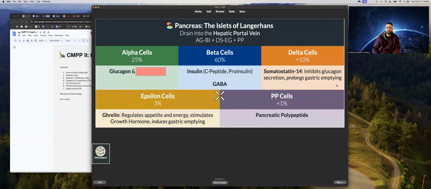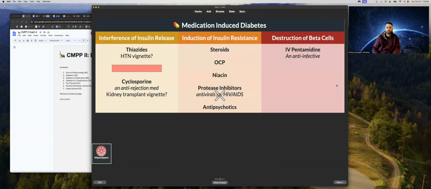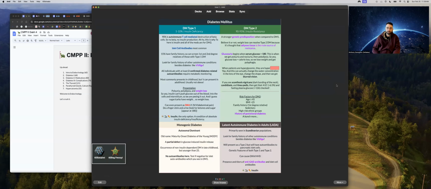Thiazide. Proglucagon. Hepatic portal. Phenytoin, Dilantin. Hyperosmolar. So that's what leads to that blurred vision. You've got to connect the dots there.